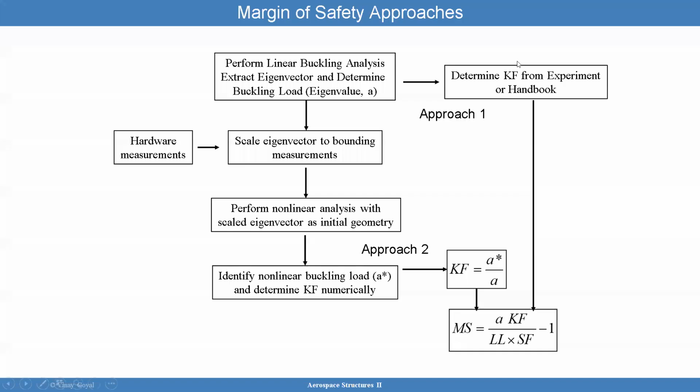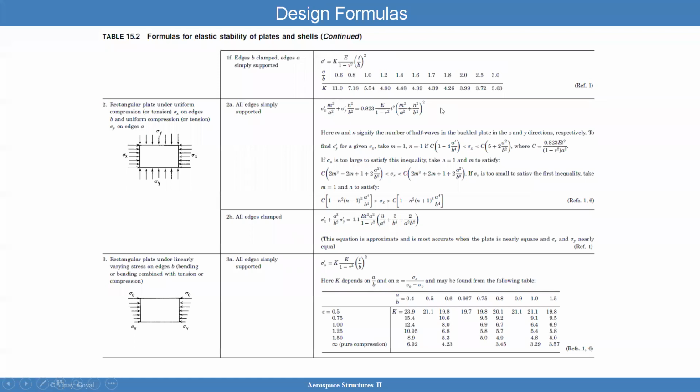I do want to conclude today's lecture by covering some design formulas really quick. This comes from Roark's Stress Handbook. If you're going to work in this area of expertise, I advise you to download that through the library or through your industry partner. It's very beneficial.